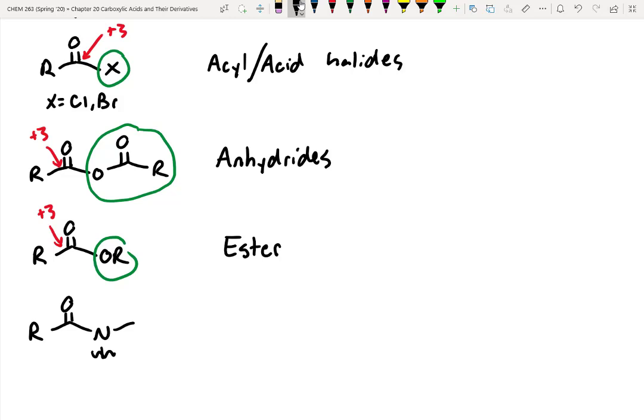This could be attached to carbons or hydrogens off of the nitrogen. That's what these squiggly lines are. It just means it's attached to something. And these would just be called amides. And with amides, we still have this electron withdrawing group, which means that the carbonyl carbon is still going to be a +3 oxidation state.